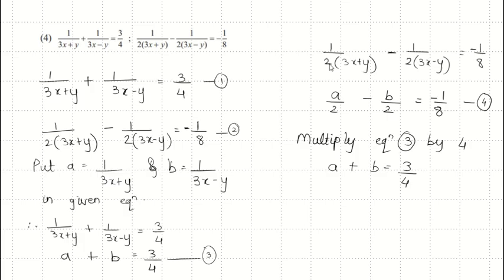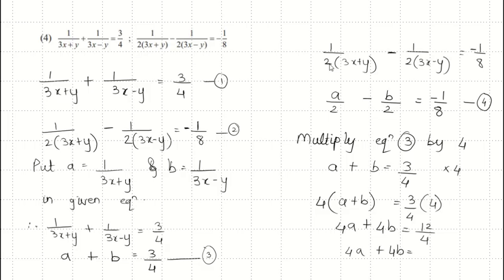Multiply it by 4. 4 into a plus b is equal to 3 upon 4 into 4. 4 into a is 4a plus 4 into b is 4b is equal to 3 into 4 is 12 upon 4. So 4a plus 4b is equal to 3.